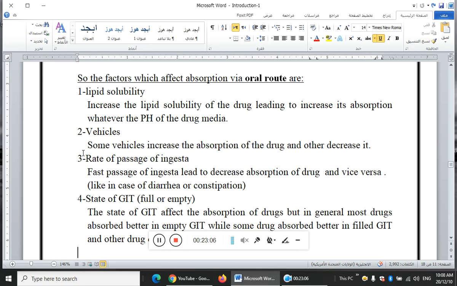The third thing is the rate of passage of ingesta, the digested material.